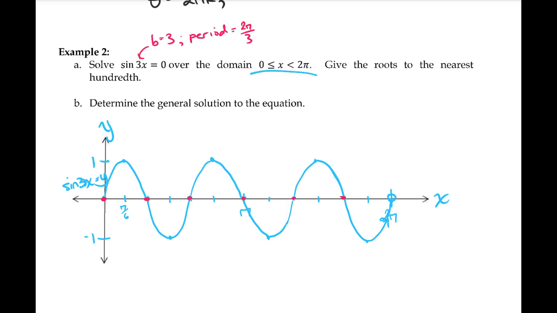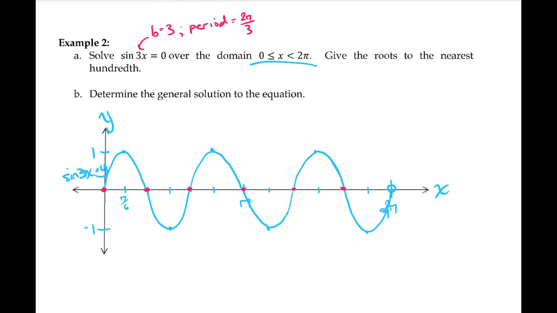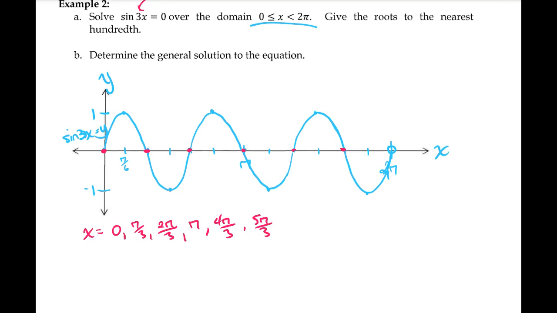And so how I would list that in terms of my whole solution, I would say x equals, I could list each individual one, pi over 3, not including 2 pi because it's not included in the domain. Okay, but that would be my answer to A.